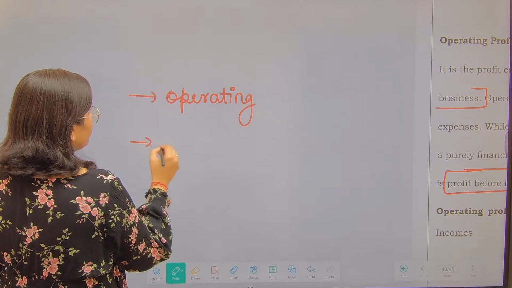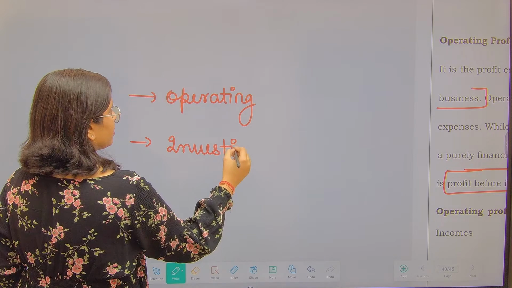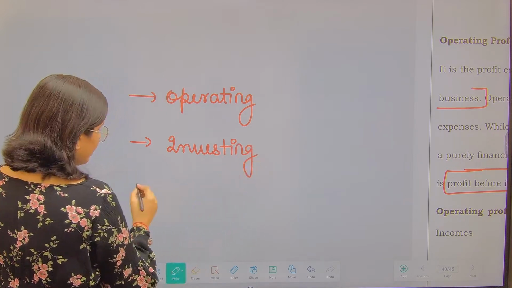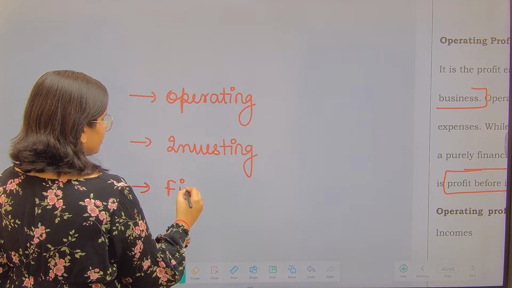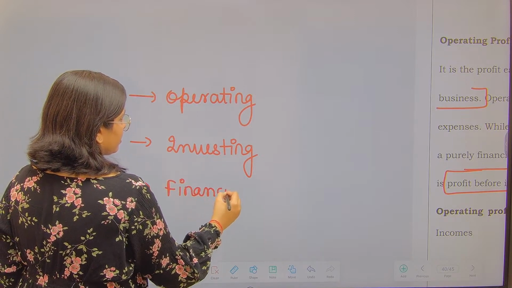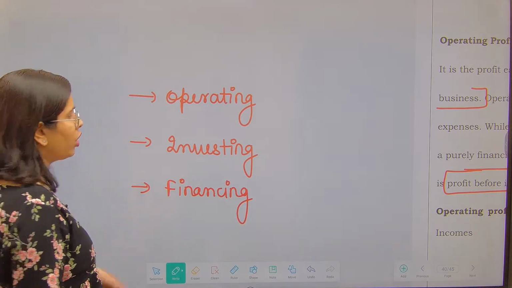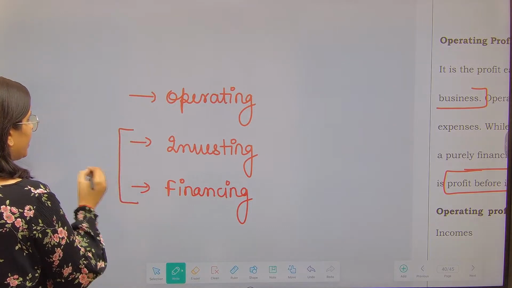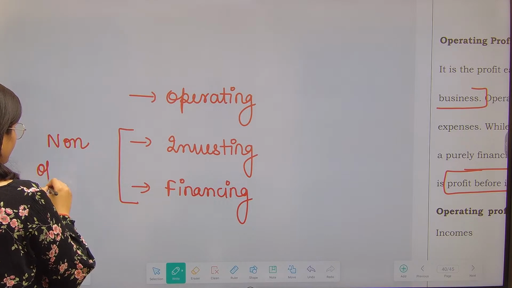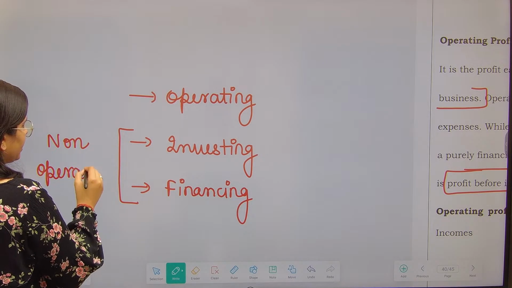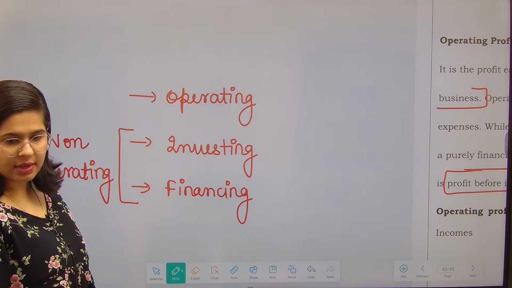Number two is your investing activity. And number three is my financing activity. The other two, I can also say, are non-operating activities for me as a business.